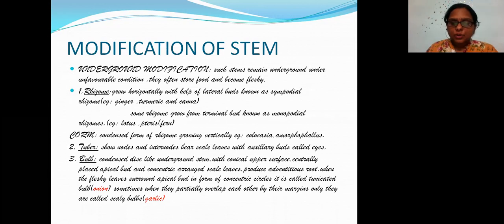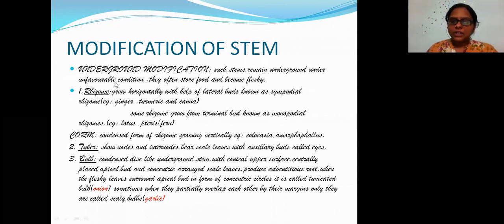But we are going to see the secondary functions of the stem, like underground stem modifications and aerial stem modifications. Sometimes the stem behaves like a root also, so we call it an underground modification. We are going to start with that.